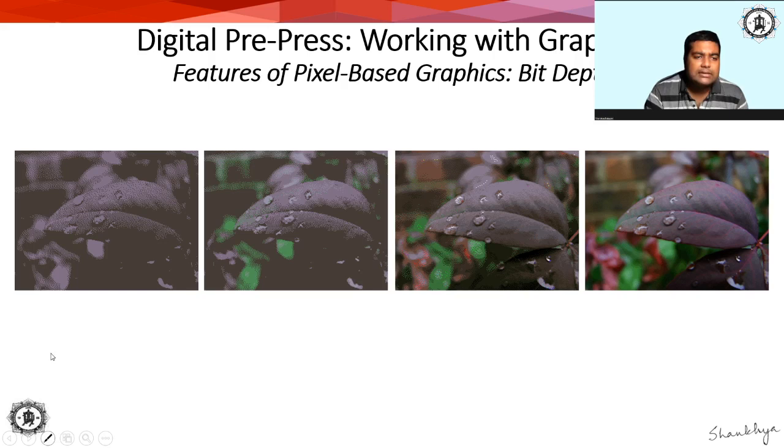In the last lecture, we completed, if I remember correctly, different types of graphics. We classified graphics into two categories based on how they are reproduced. One was pixel based graphics, where we saw one problem was that it was not scalable.